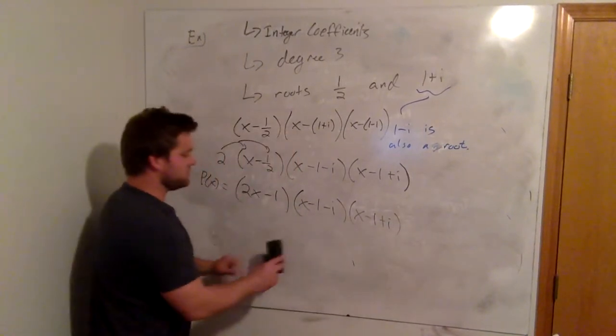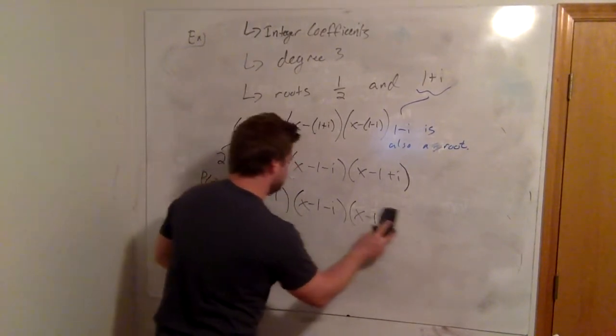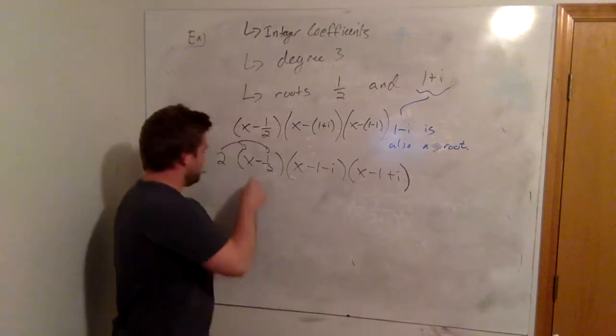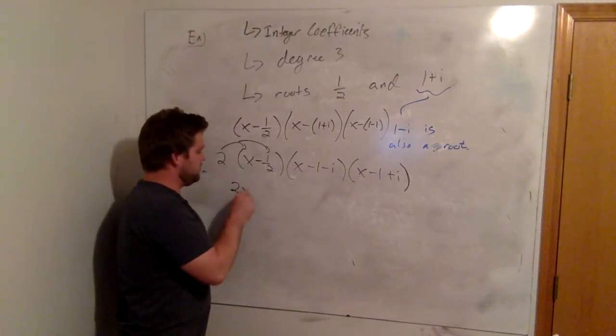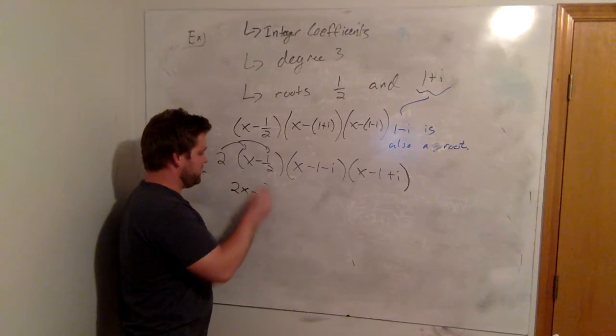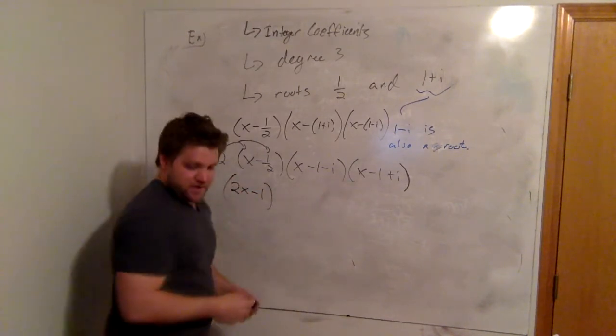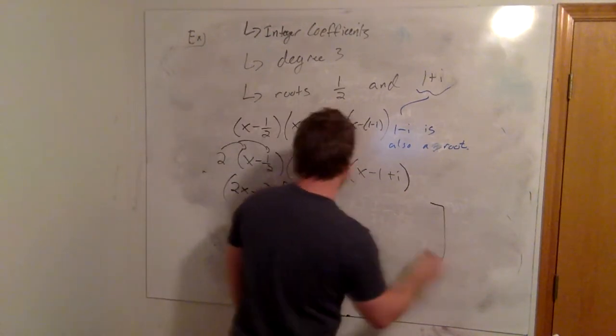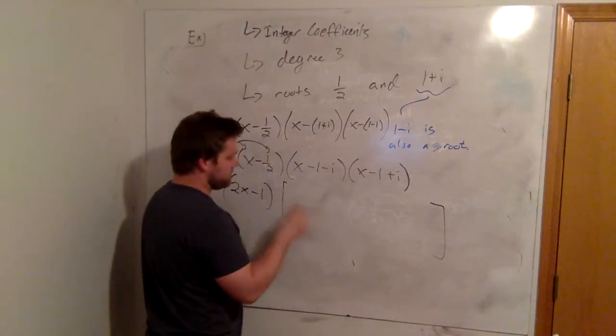So I'm going to erase just a little bit of this here. Okay. So I'm still going to keep the 2x minus 1. I'm just going to take a deeper look at this piece right here, and I'm going to group them in a certain way.